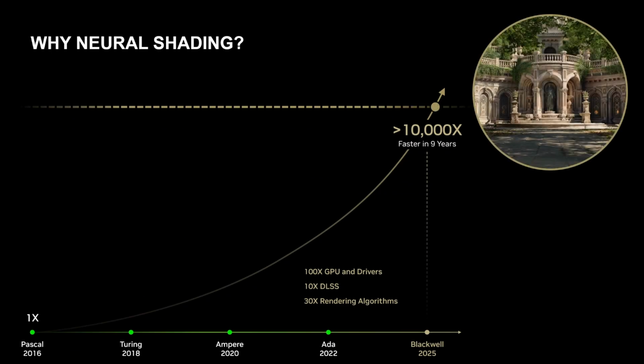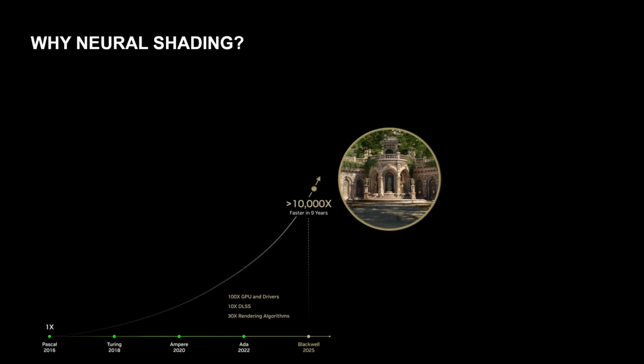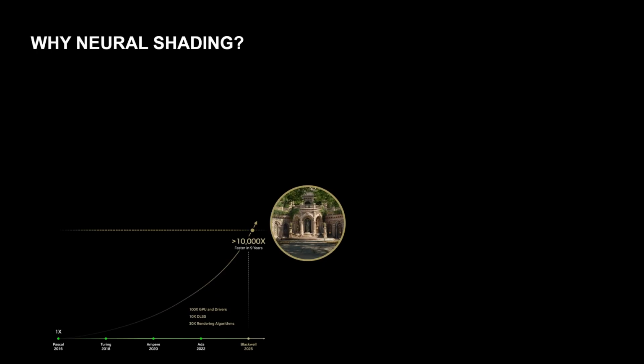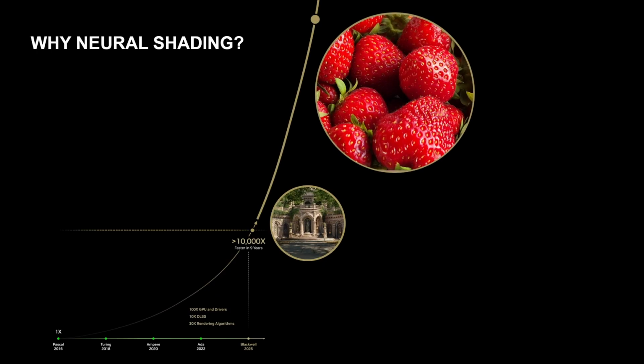So now today we're at this point where we can render scenes like this, path-traced in real time. But what you don't want is to have to bet on another 10,000x speed up happening before you can render the sort of level of detail that you see in the world around you. The problem with that is, in part, what fueled this curve going up, this growth in graphics fidelity, is Moore's law.